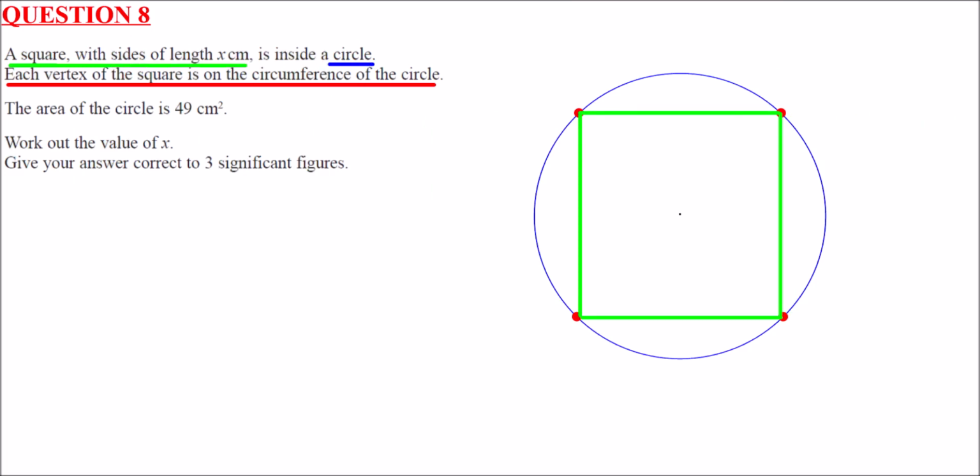Importantly, because it's a circle, and we need to work out the radius of the circle ultimately, because we know the area, what we can do here is add on the radius, because it might well be worth calculating this radius now. So we're told the area of the circle, which obviously is a good thing. So for any circle, the area, as we should know, is pi r squared.